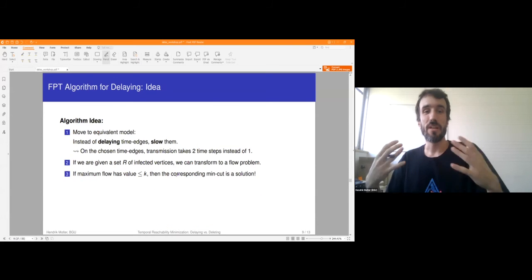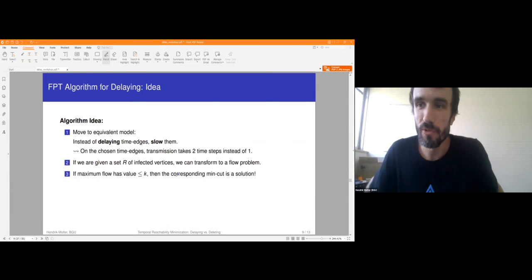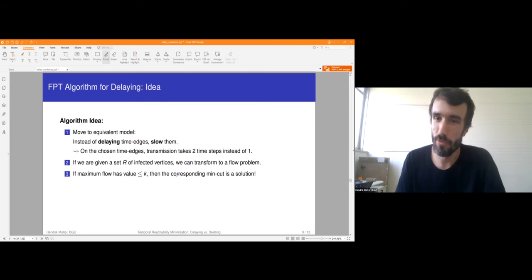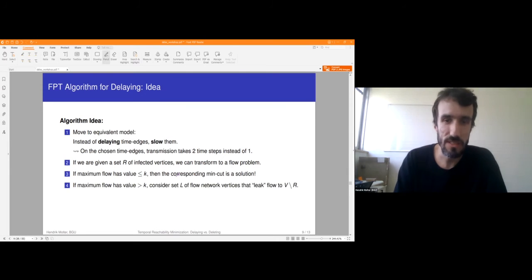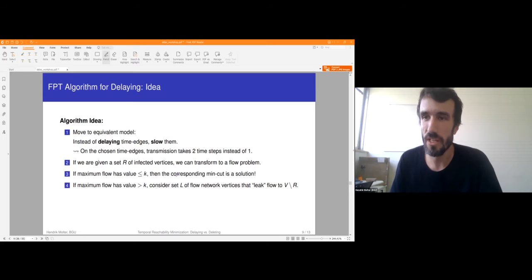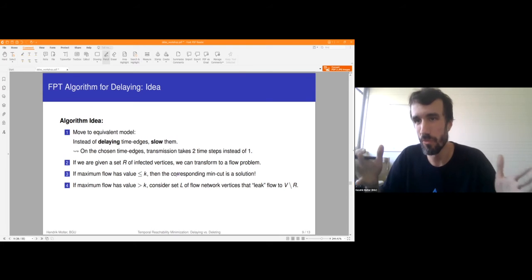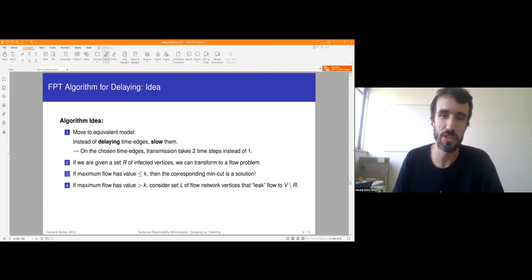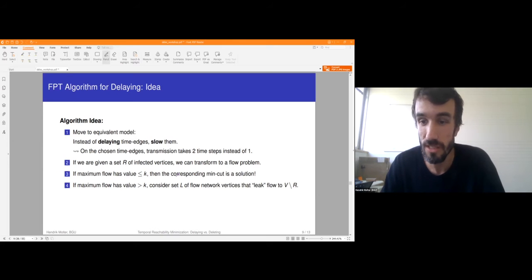And now if we found that the maximum flow has value at most k, then we are happy. But if it doesn't, then we have to decide what to do next, so how we enlarge our reachable set. So we consider the vertices of our flow network that leak flow outside of our reachable set.